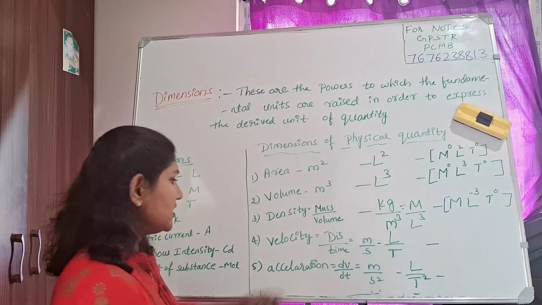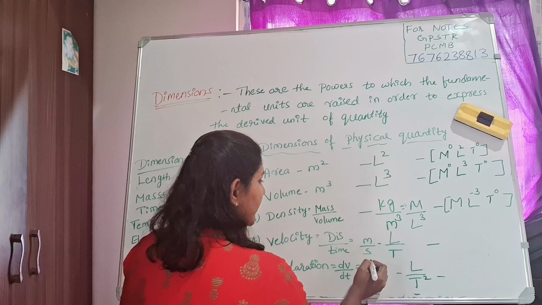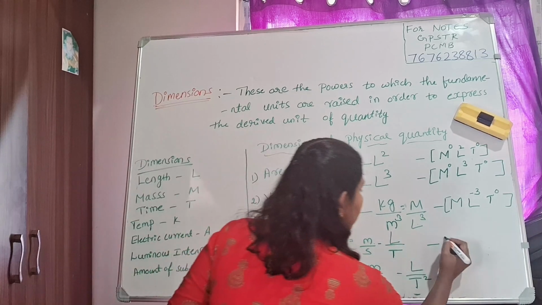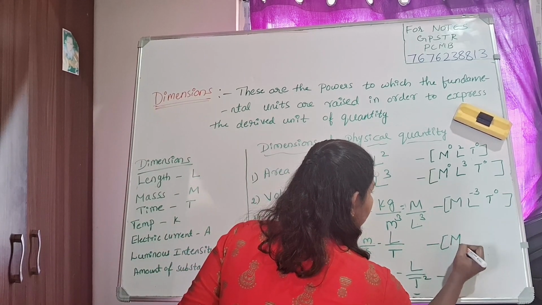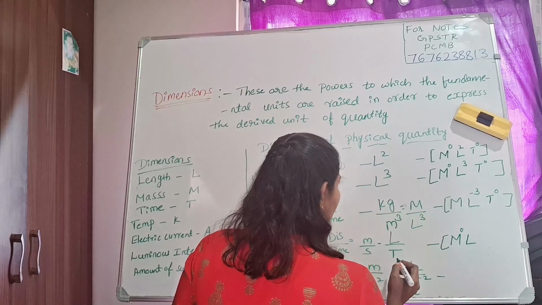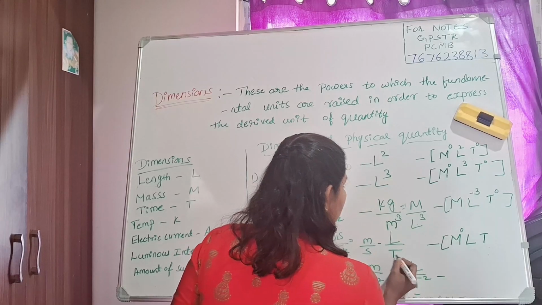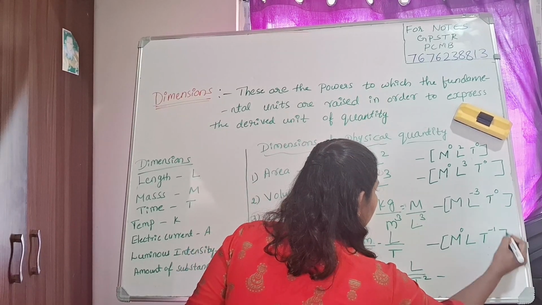And velocity is displacement per unit time, that is m by s, L by T. There is no mass, so you write M raised to 0. L is there, so L. And T is there in the denominator, so T raised to minus 1.